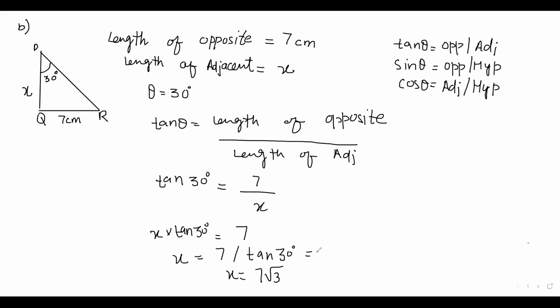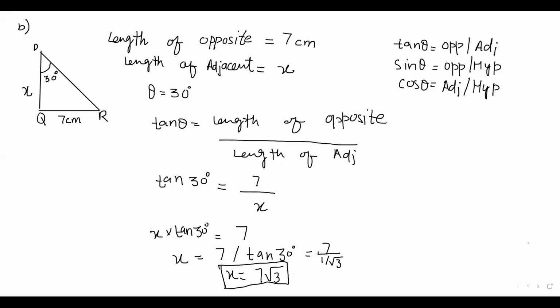Since tan 30 is equal to 1 over under root 3, 7 divided by 1 over under root 3, the answer becomes 7 under root 3.